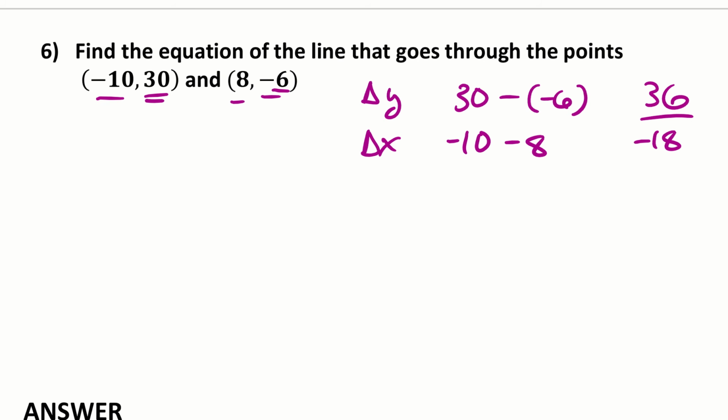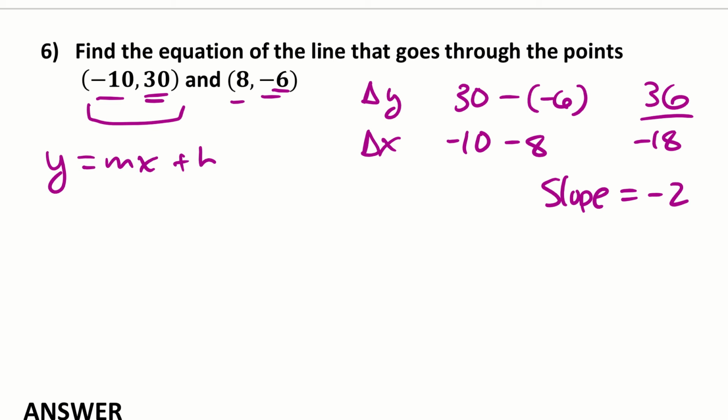36 divided by 18 is 2, but 18 was negative, so the slope that I have here is equal to -2. So down 2 to the right 1. Let's figure out our y-intercept, and I guess I'll do that using this first point. All right, y equals mx plus b.